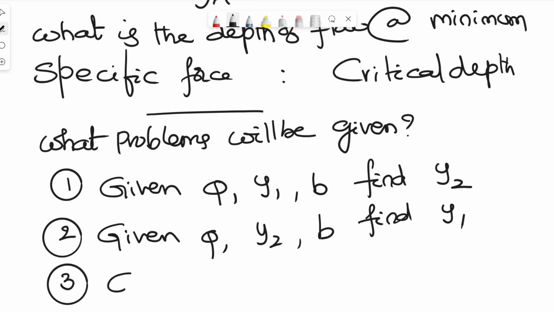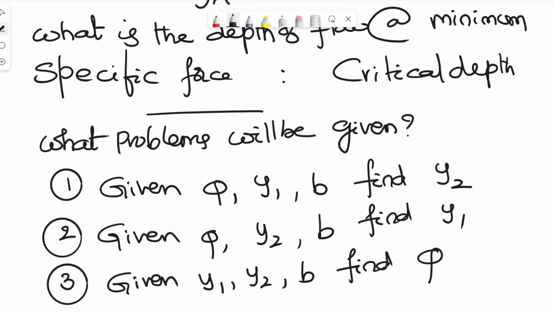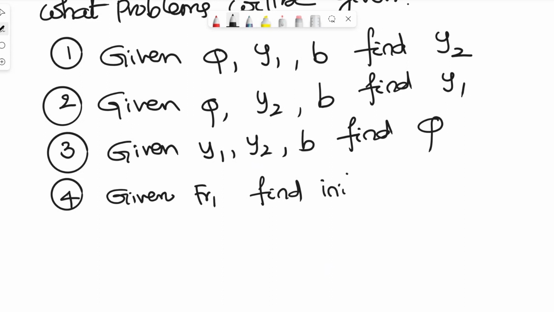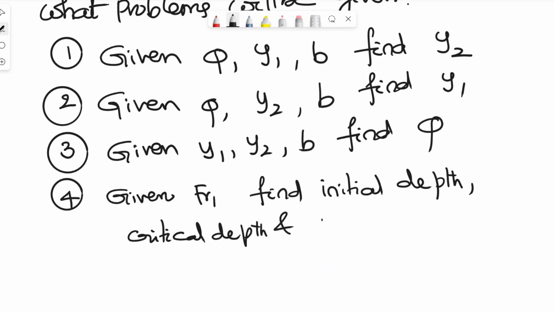Given Y1, Y2, B, find Q. Given Froude number FR1, find the initial depth, critical depth, and sequent depth.